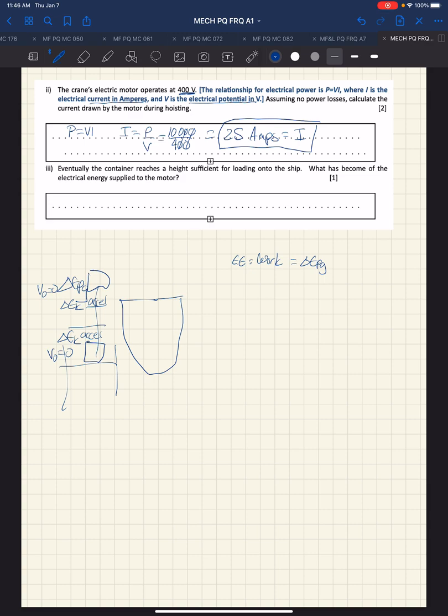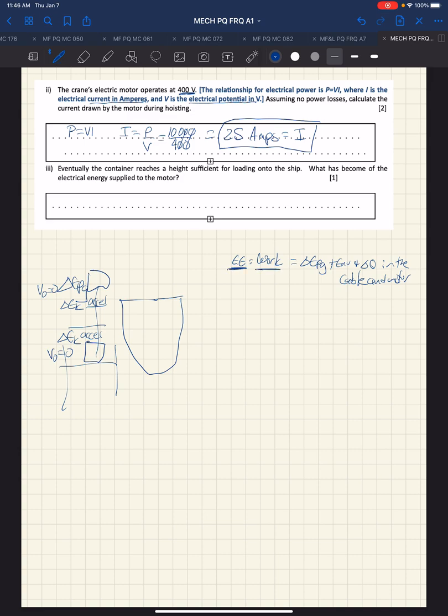So the work went into changing the potential energy, and it went into our go-to environmental and thermal energy in the cable and motor. So electrical energy must be conserved.